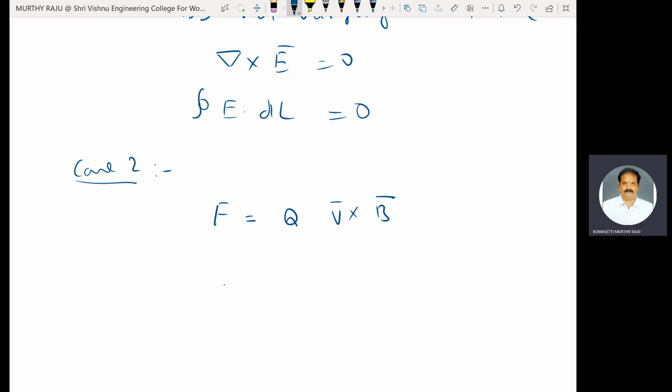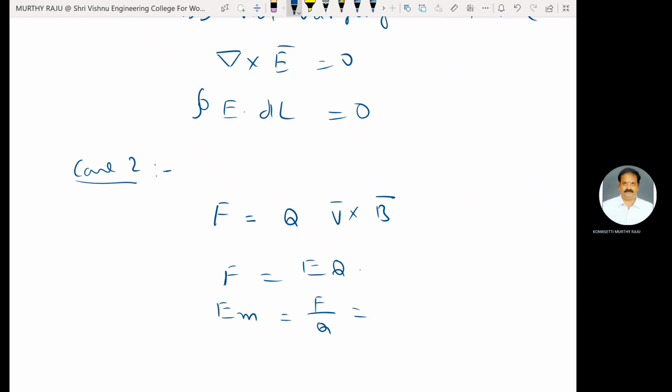Therefore, F is equal to EQ, so E is equal to F by Q, and F by Q is V bar cross B bar.